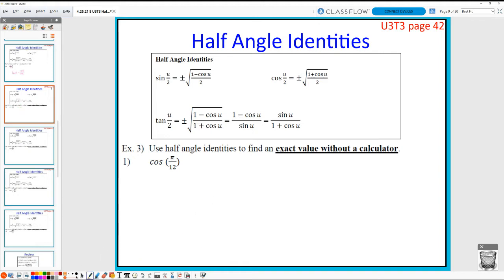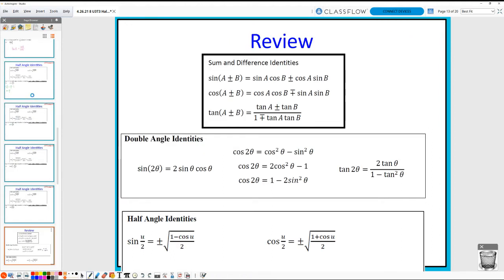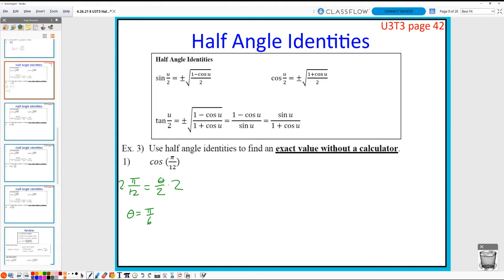What I need to do then is to figure out, okay, well, pi over 12 has to equal theta over 2. If I multiply both sides by 2, that means theta is equal to pi over 6. So I can rewrite my question like so, because I want to write it in the form of theta over 2.